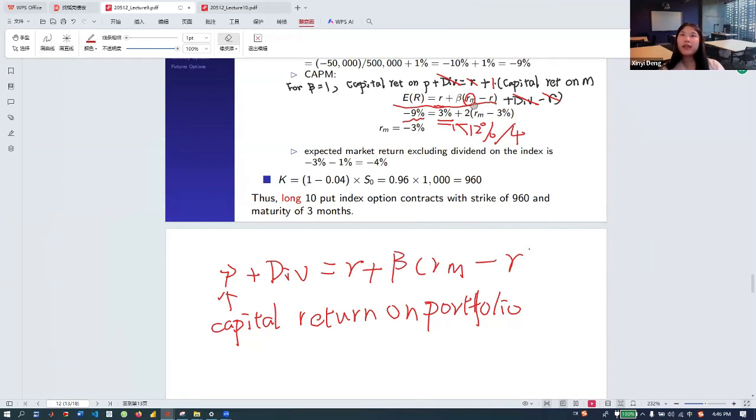Now you see that this RM is the total return on the market index, right? So let me express that RM as a summation of the capital return and the dividend yield. So RM is capital return plus dividend yield. We denote the capital return on the index as M. So M is the capital return on the index.